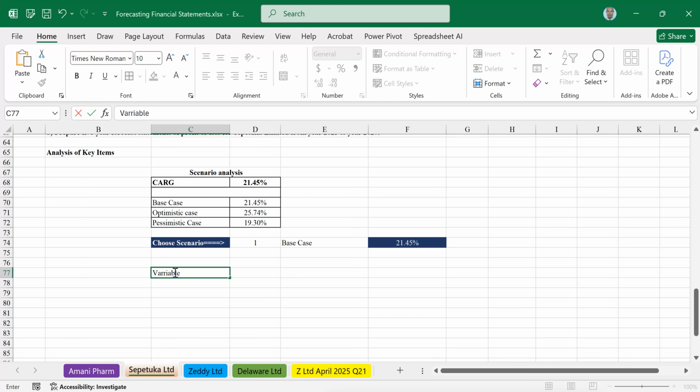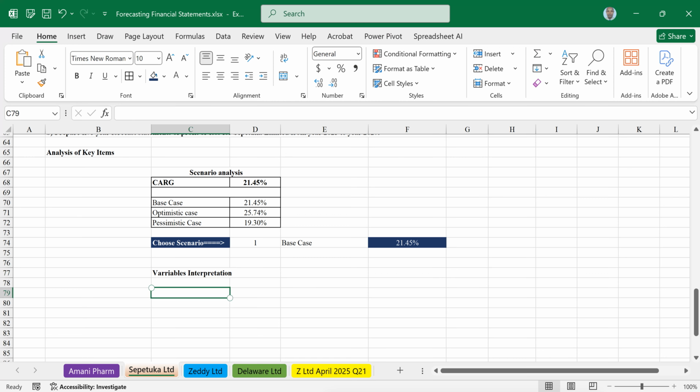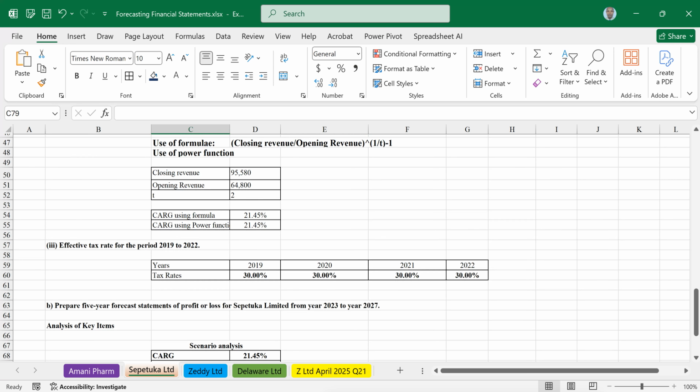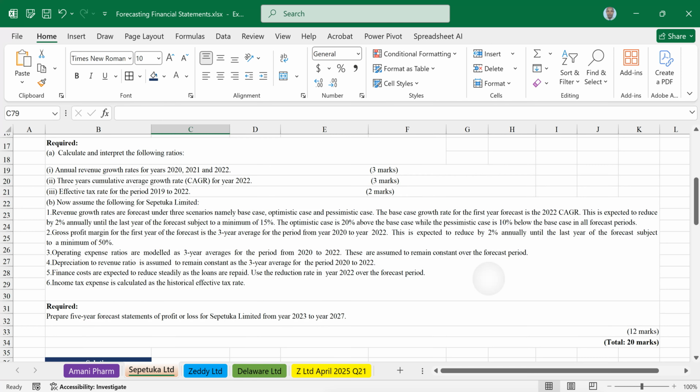Variable interpretation. Variable interpretation is something that affects so many things that we want to interpret. Now, note 1 again, number B, where we had number B, there's information here.